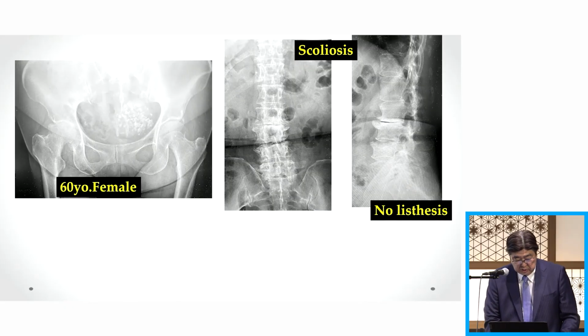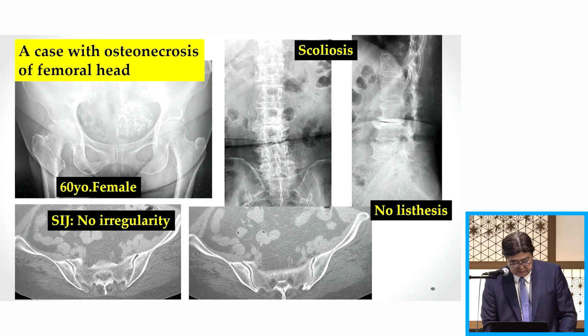In this patient with osteonecrosis of the femoral head, she had mild scoliosis, but no spondylolisthesis and no irregularity of the SIJ. Osteonecrosis usually progresses quickly from onset to surgery, and pelvic morphology is usually normal.